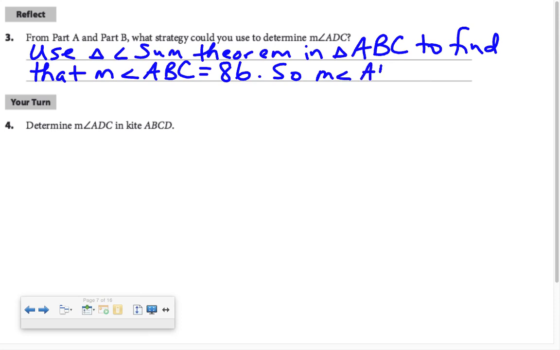So measure of angle ADC will also equal 86.